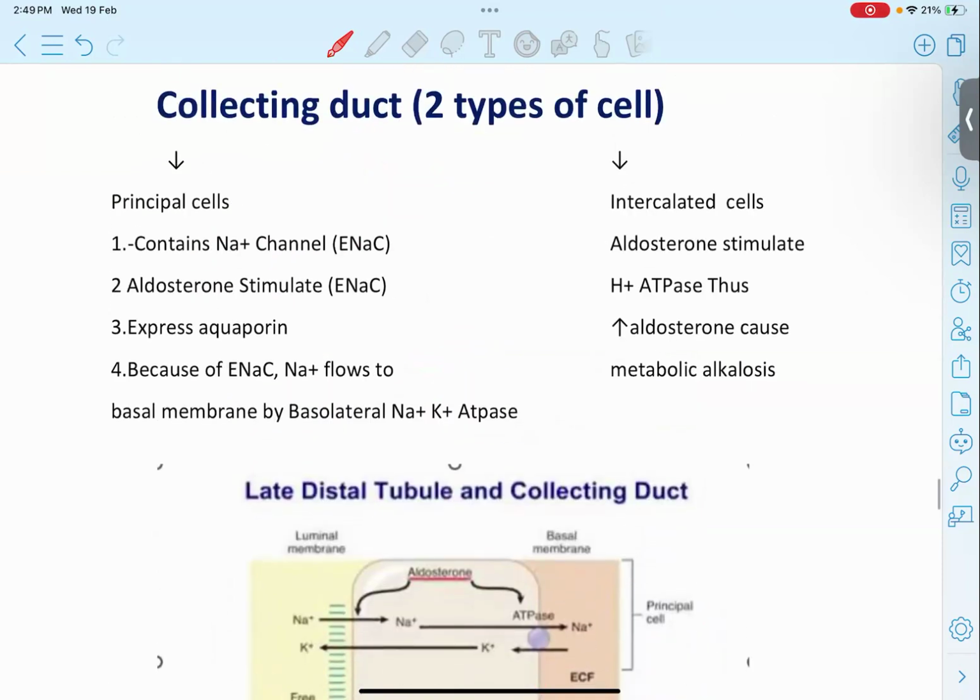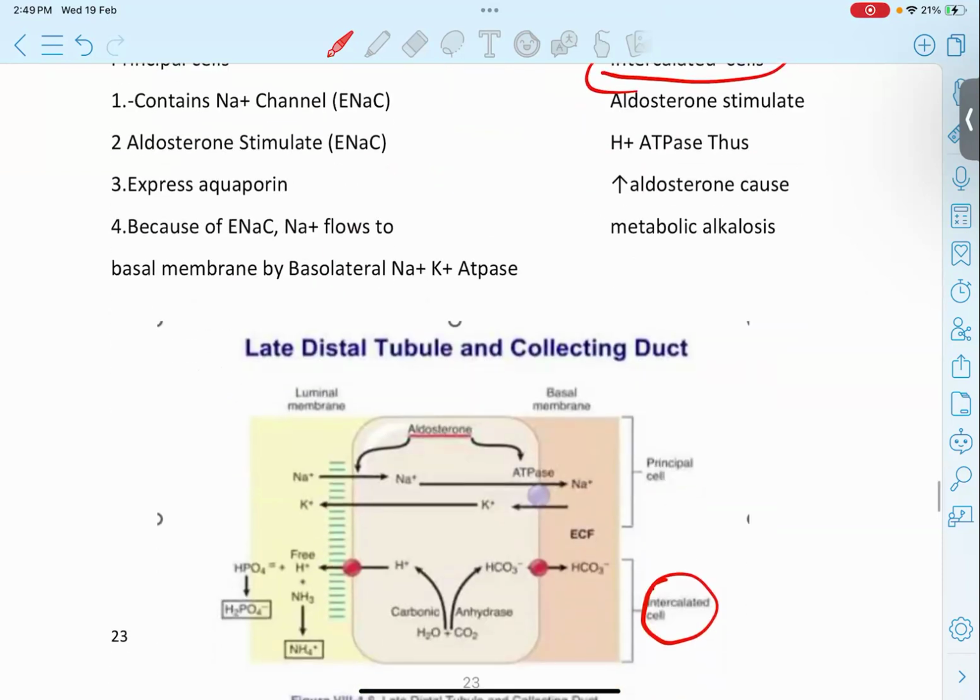Now, what is the function of the intercalated cell? This is the intercalated cell, this portion. The other portion was principal. In the intercalated cell, its function is to stimulate aldosterone to work on the proton ATPase pump. Through the proton ATPase pump, proton is secreted, and increased aldosterone will cause metabolic alkalosis by production of bicarbonate and secretion of proton.